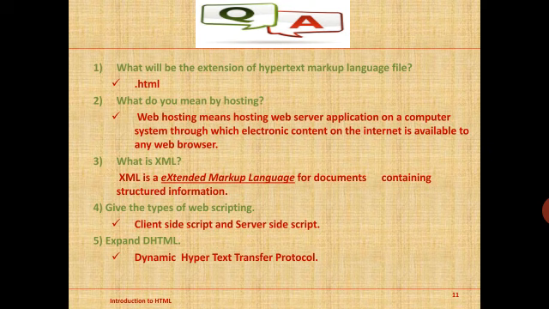As we learned, client-side scripts are downloaded at the client end and executed by the browser, whereas server-side scripts carry out the task at the server side and send the result to the client end.